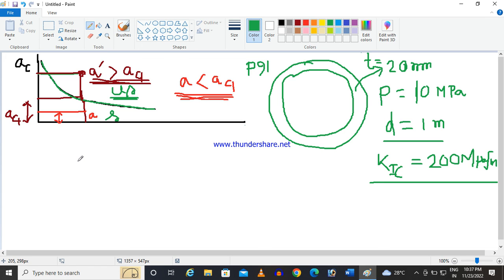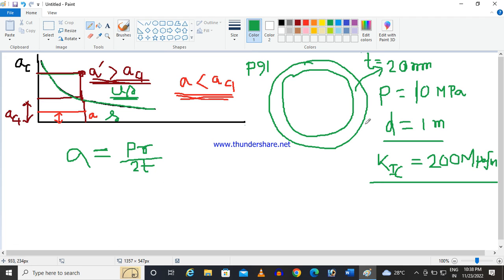From this data we can consider a spherical system, like a spherical vessel, where the applied stress is given by P times the radius divided by 2T, double the thickness.